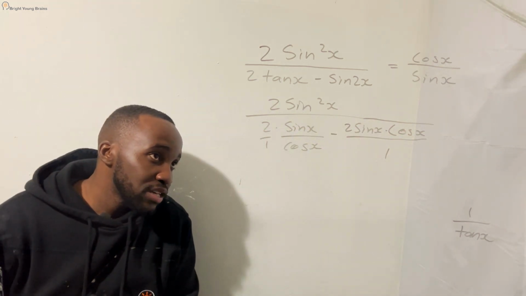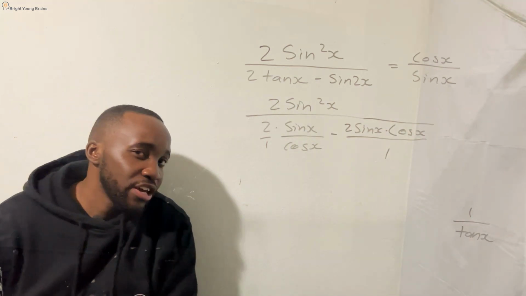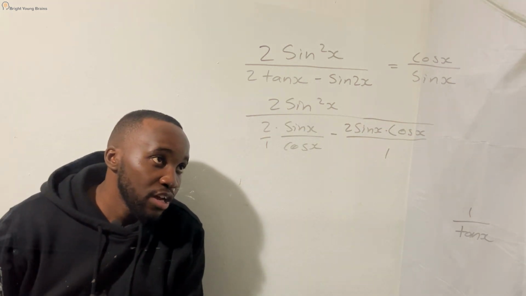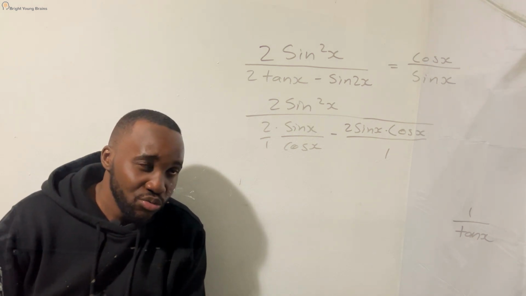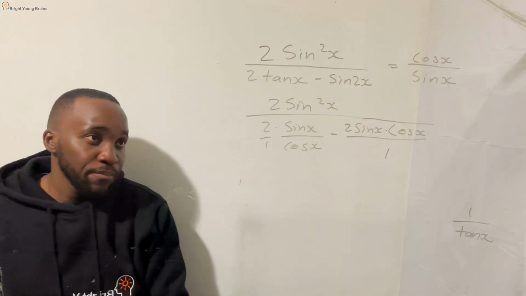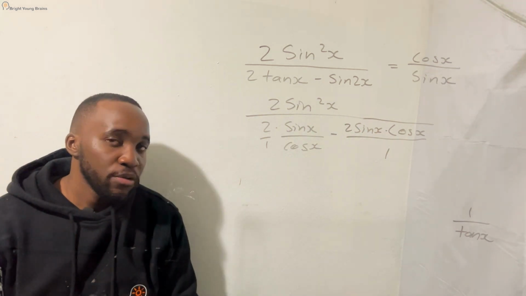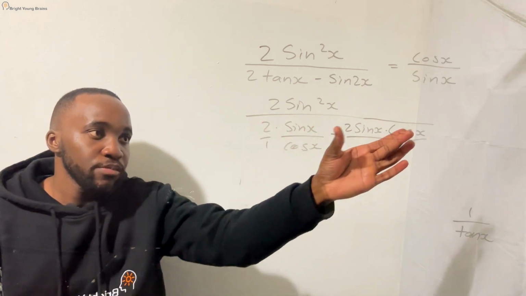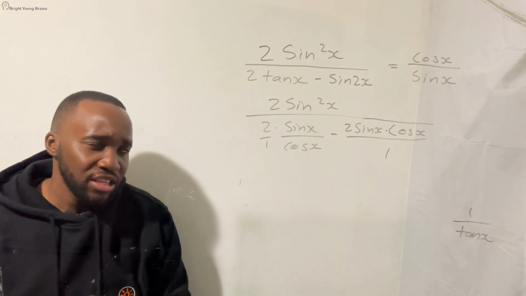So with this all being done, it looks as though this bottom part here, we may have to get an LCD. And getting an LCD, it doesn't look like it's going to be a very difficult thing to do. It's actually going to be a bit straightforward. But without even doing that, we can actually take out a common factor, because you see, this is one term, this is one term. They both have 2 sine x in them.